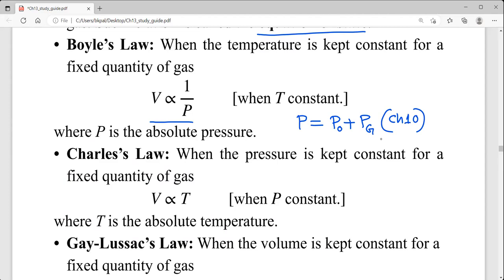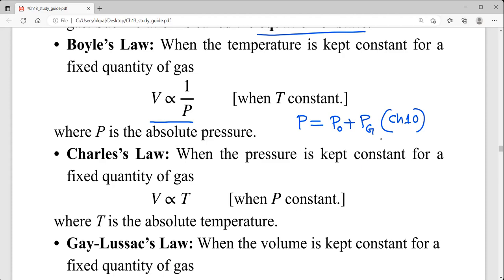The next one is Charles' law. So what is Charles' law? Charles' law is very similar to Boyle's law, but it is the relationship between V and T. In Boyle's law, the temperature was constant, but here the pressure is constant.